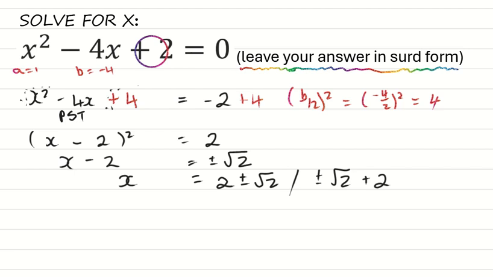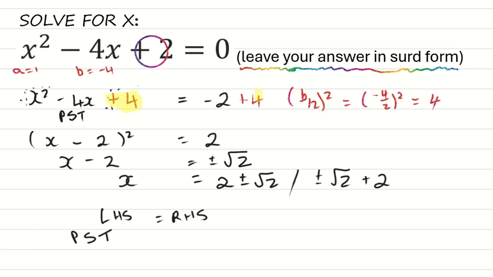So again, on the left hand side, you want to have your perfect square trinomial, okay? And once you have that, it's just a matter of solving for x. We introduced a new value that wasn't initially in our sum.